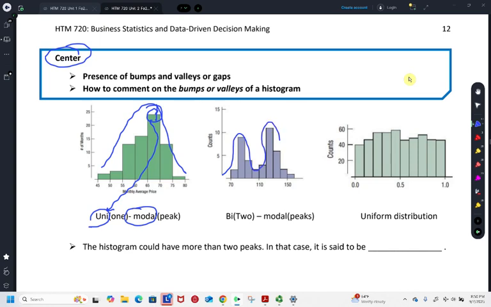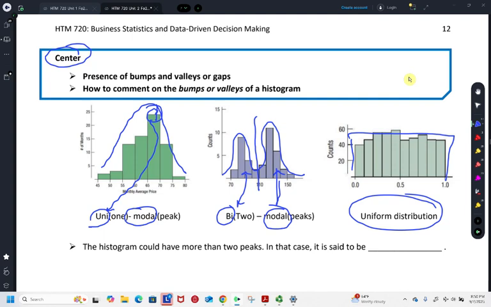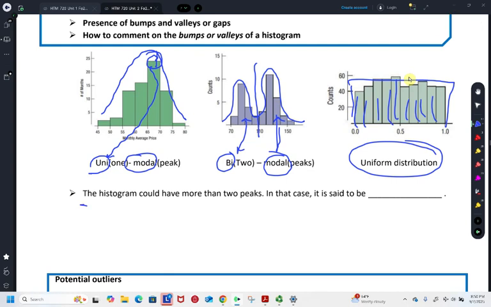This appears to show a bimodal distribution where we have two peaks. In other words, when I see data of this kind, I would tend to analyze them in separate groups. And then we have an approximately uniform distribution where most of the data values occur with almost similar frequency. Occasionally, a histogram could have more than two peaks, in which case we can say that it is multimodal.